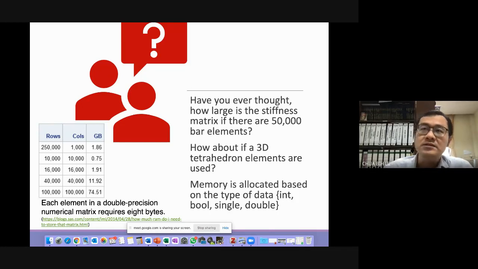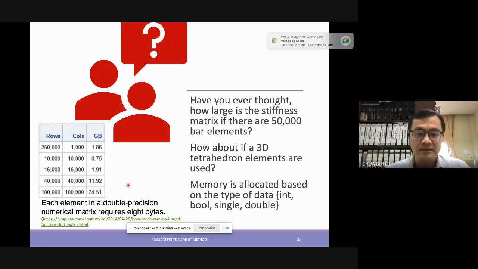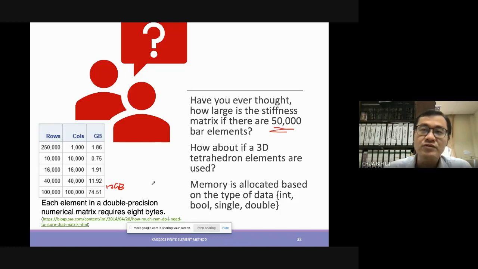Let's say your RAM is only 8 gigabytes but you need 12 gigabytes to store this.